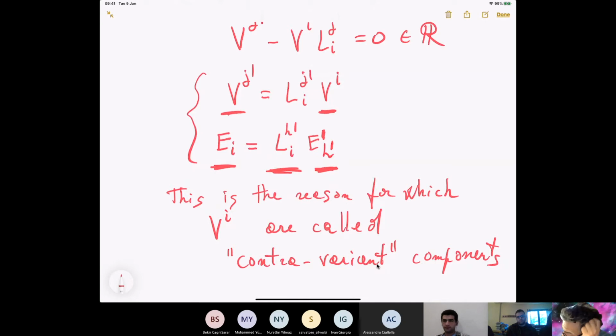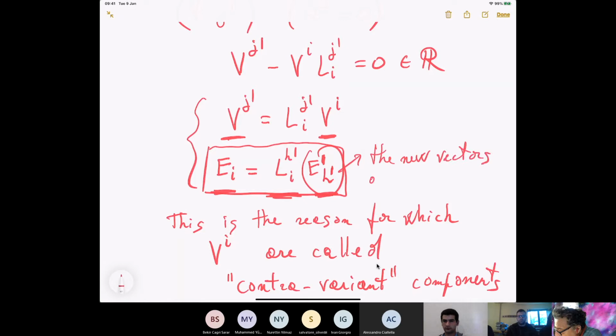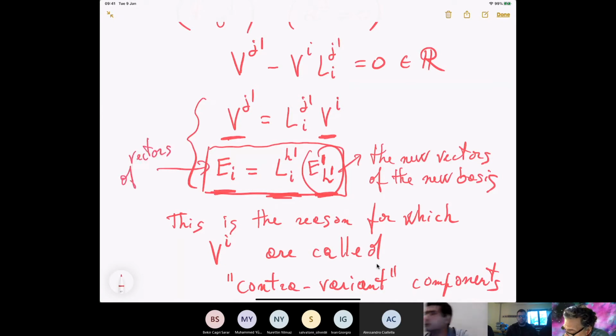Okay. So I repeat, you have the formula of transformation, which transforms the new vectors of the new basis in the vectors of the old basis.